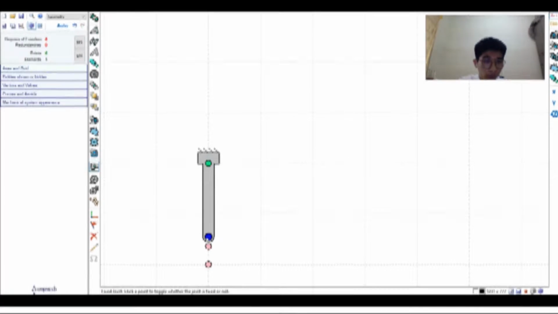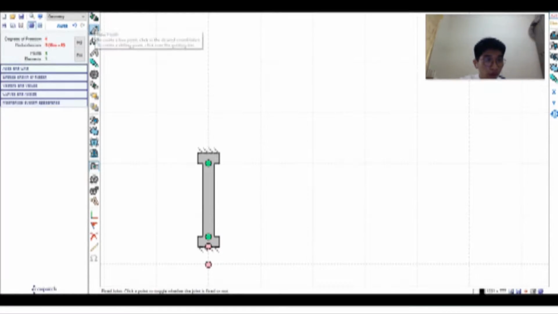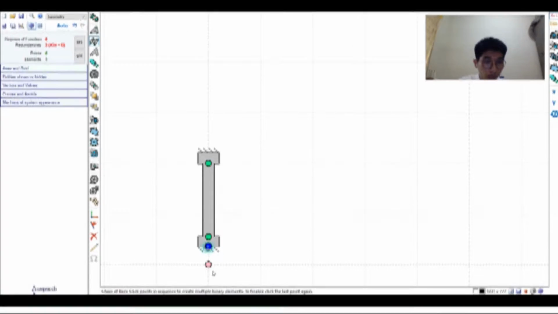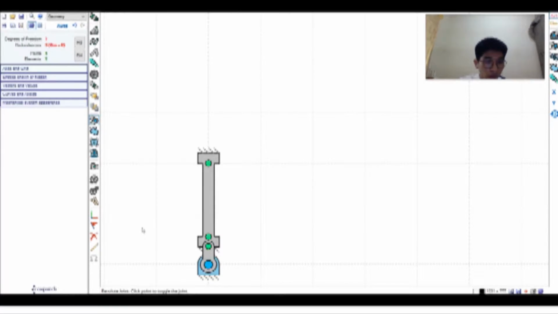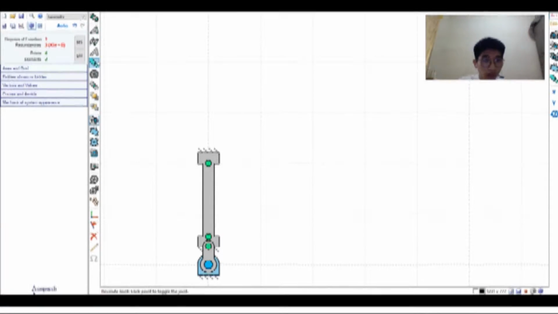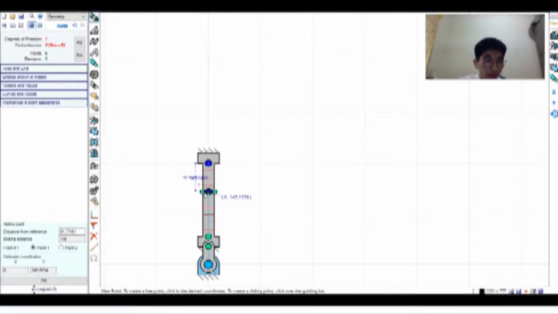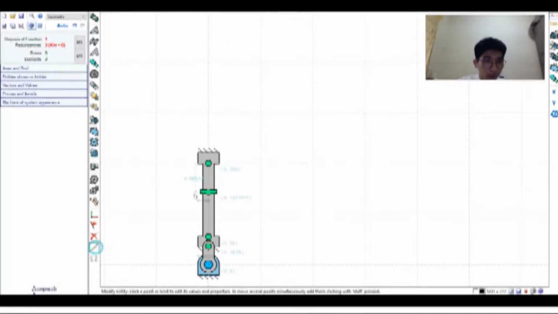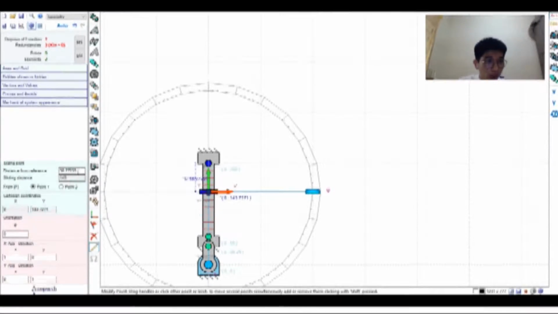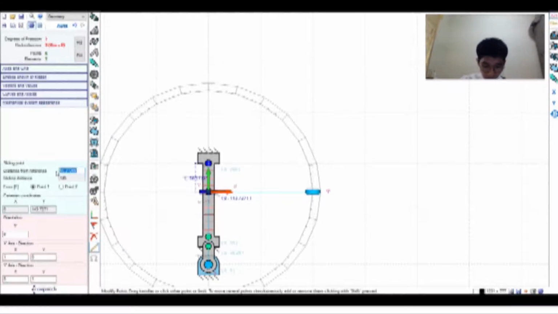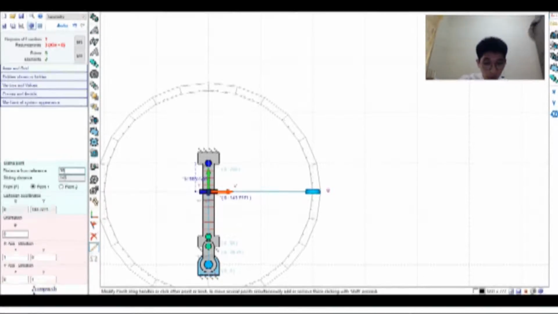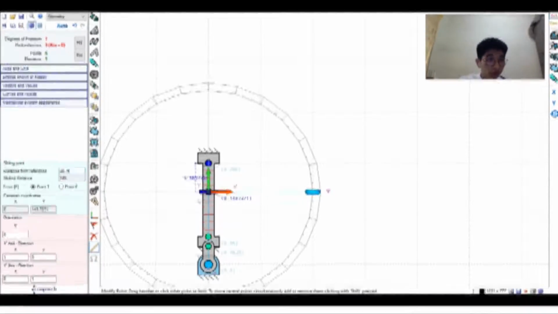Then rod AB is formed with a fixed joint, and lastly a slider point with the distance 38.75 with respect to point 1 is plotted.